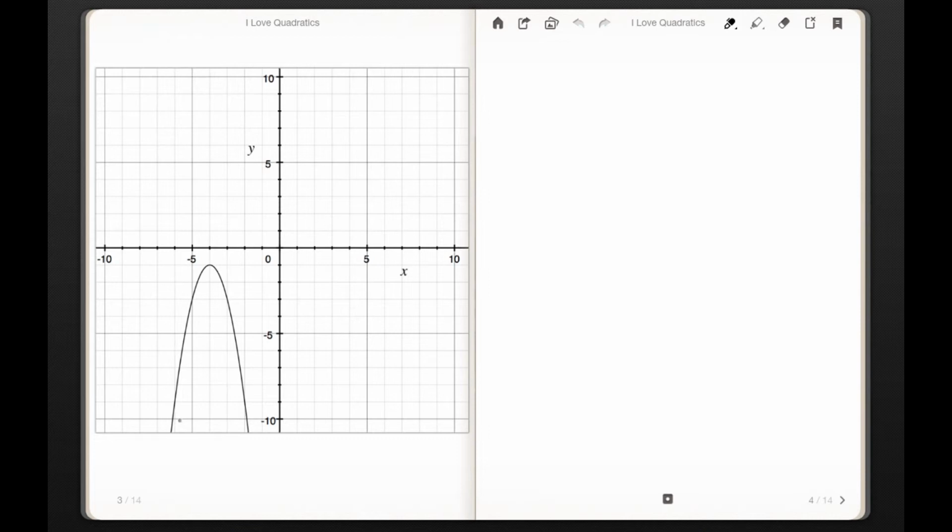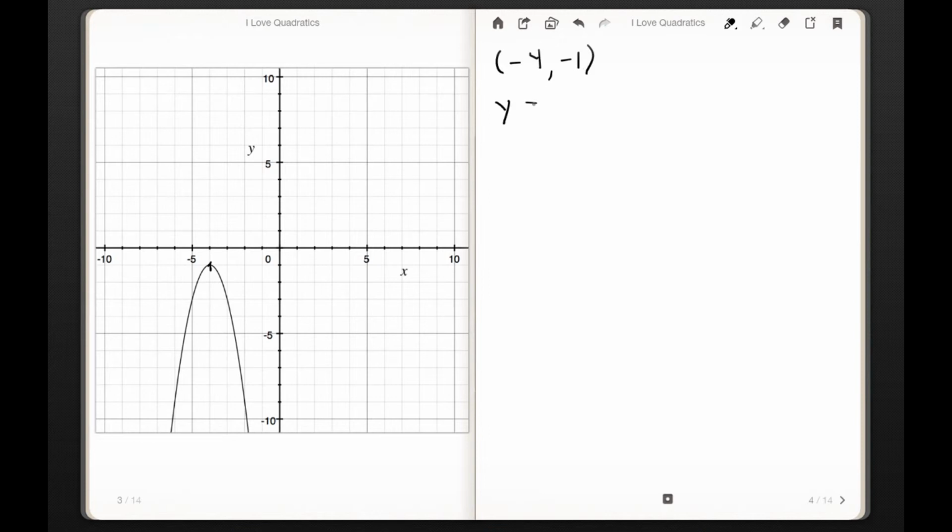Okay, now this one we also have no roots here. This parabola does not touch the x-axis, so we're going to have to use the vertex again, which in this graph is -4, -1.